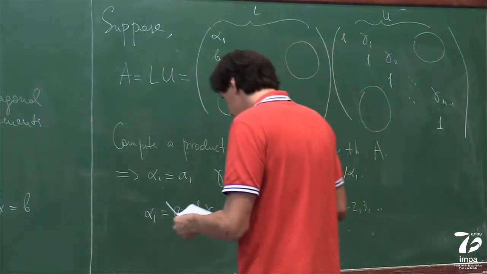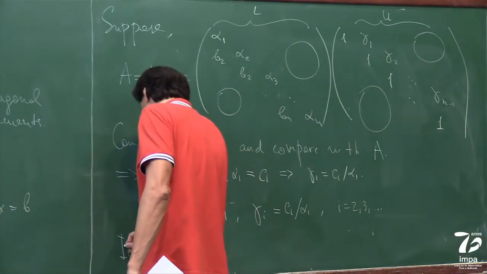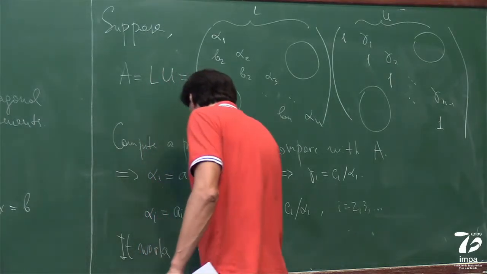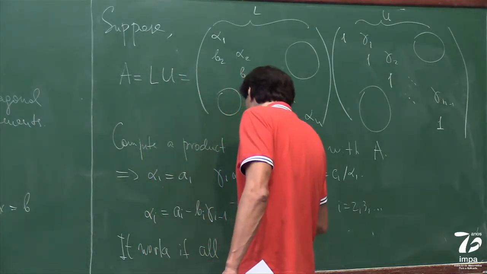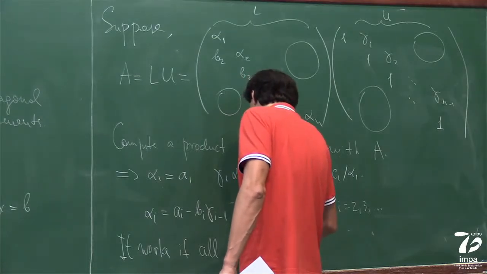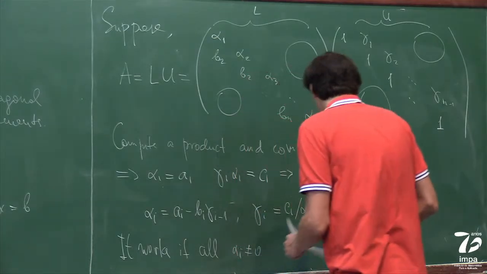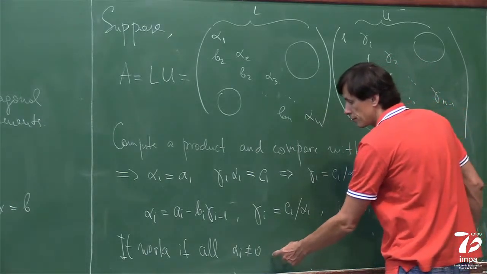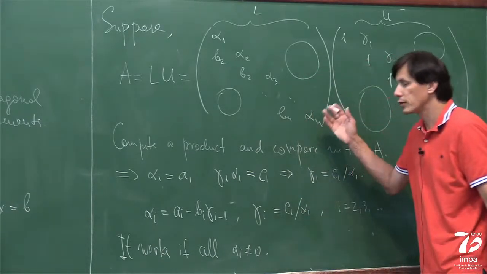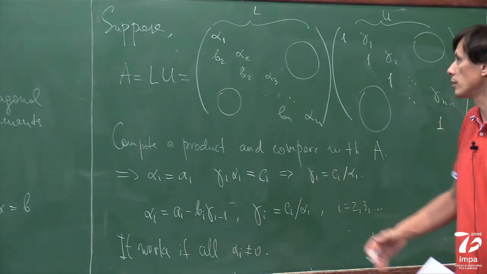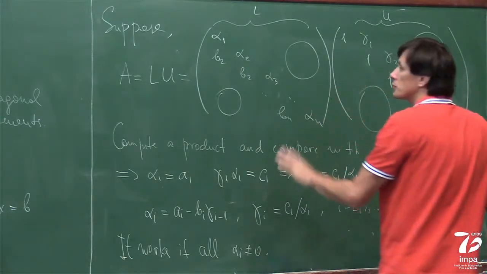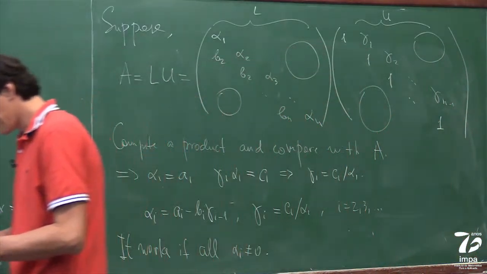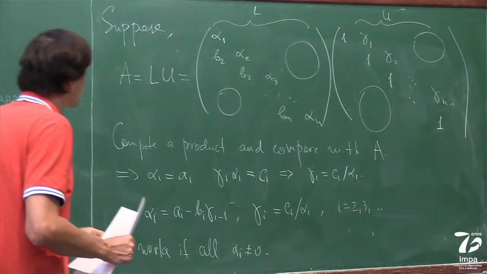So it works if all alpha I are not 0. You see, all the alphas stay in the denominator. So if they are all not 0, it works. And it means that indeed you can make a decomposition. And whenever you make a decomposition, you can solve it. And you remember how we solve it.